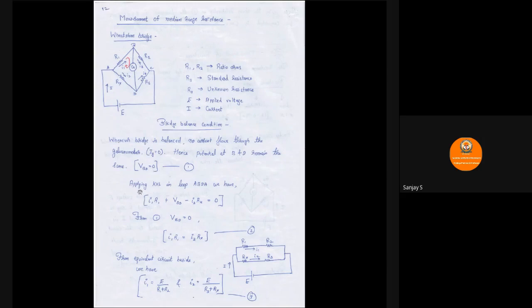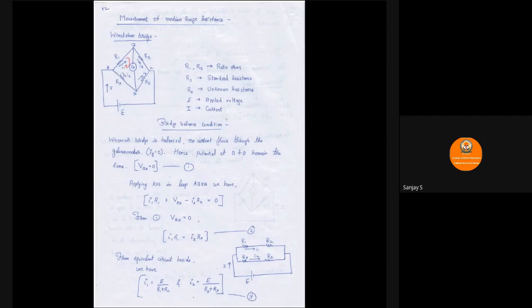Now let us apply Kirchhoff's voltage law in loop ABDA. So this is ABDA. In this loop we'll be applying KVL. As you already studied in your basic electrical, I1 into R1 plus VBD minus I2 RX is equal to 0.